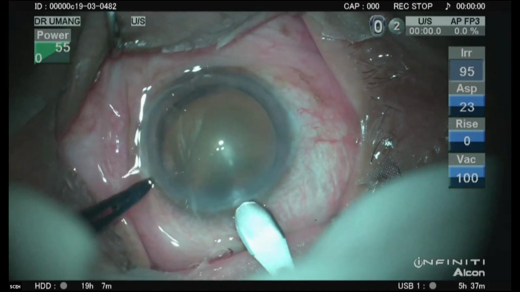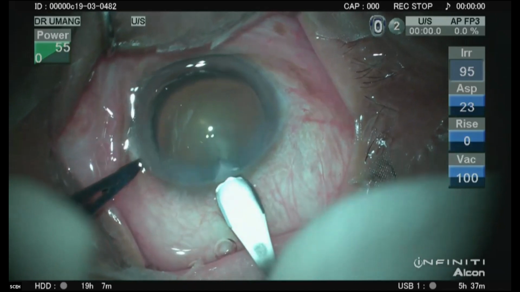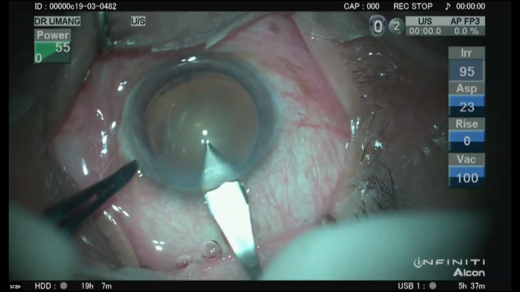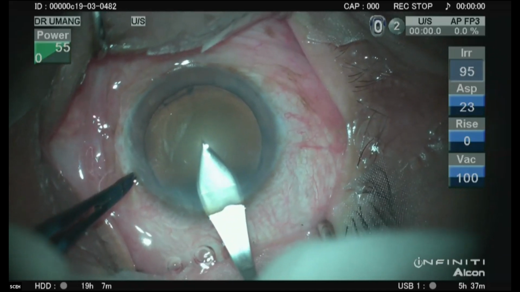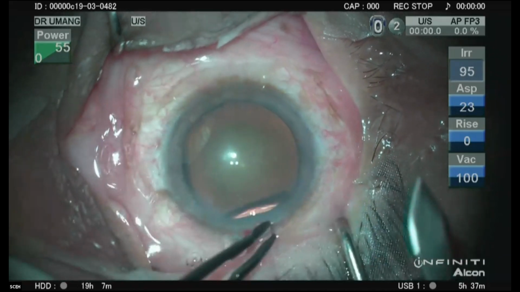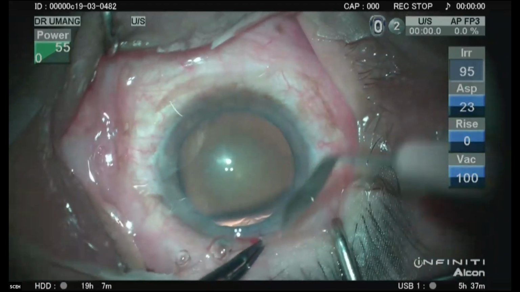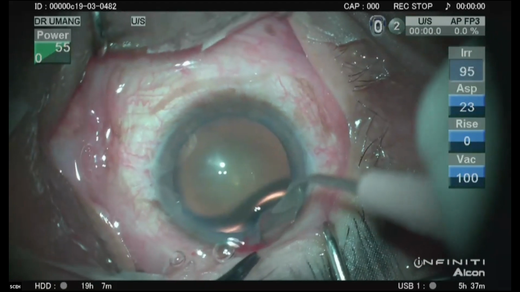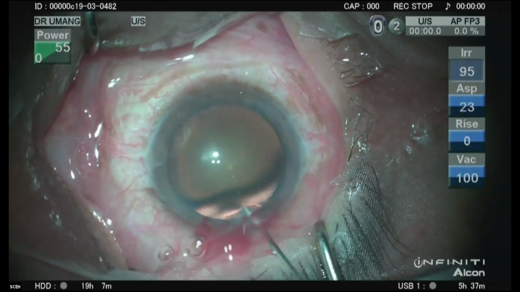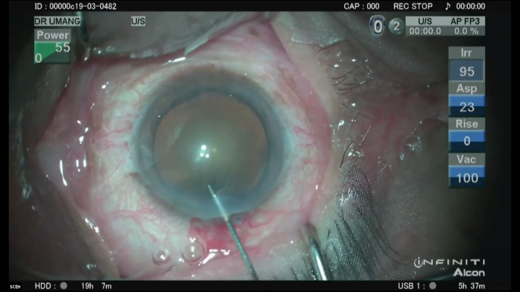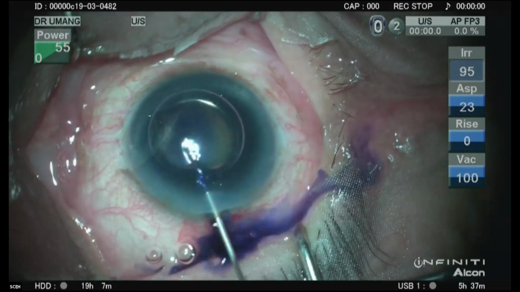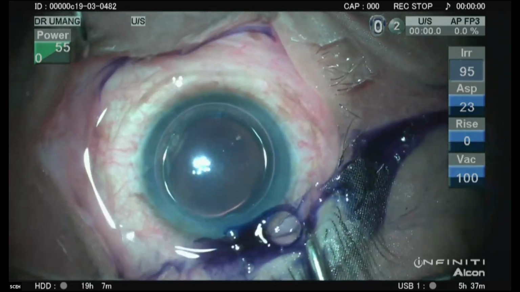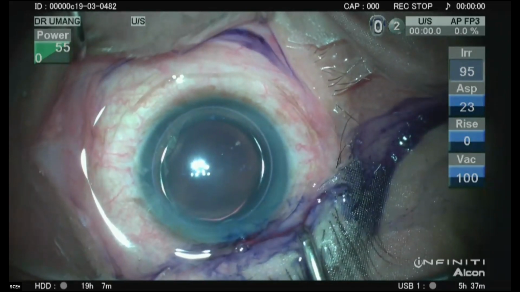As we all know, one should always enter in front of the root of the iris. I just like to scratch the conjunctiva a little, as sometimes there's ballooning otherwise. Just for the sake of demonstration, I will be putting trypan blue in the air so that it becomes a little better visible.